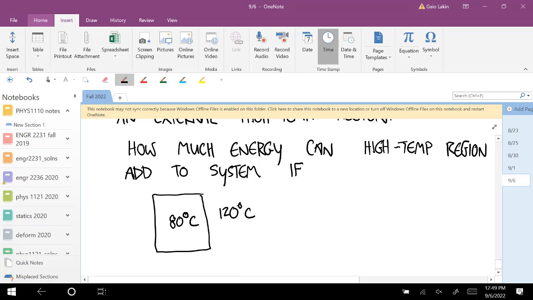Okay. If there's no phase change going on with your system, then every bit of heat that comes from that 120 degrees Celsius outside region is raising the temperature of the inside. And as those get closer to the same temperature, that heat transfer happens more slowly. And eventually, when you get to 120 degrees for your system, no more energy can go in, right? So you're limited by how much energy you can put in there.